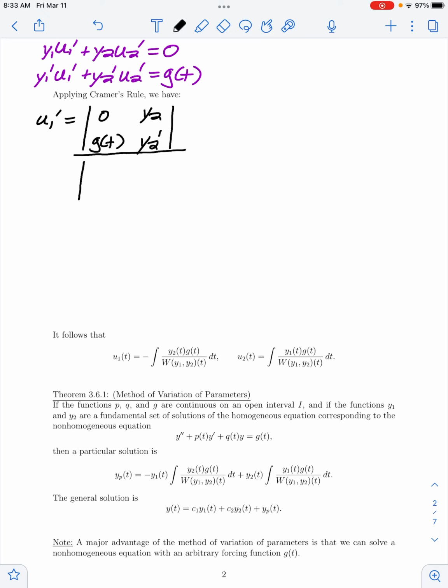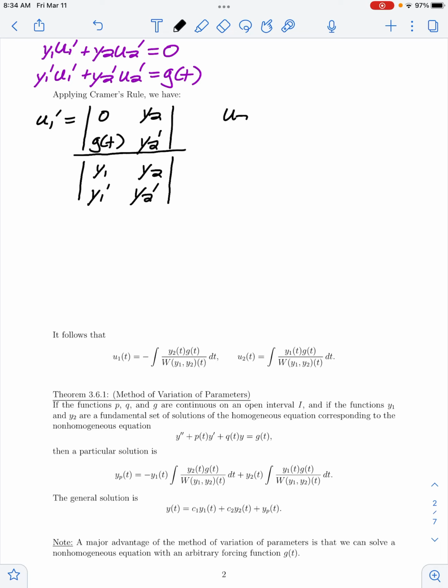So from the first equation, our coefficients for u1 prime and u2 prime were y1 and y2. And from the second equation, our coefficients were y1 prime and y2 prime.